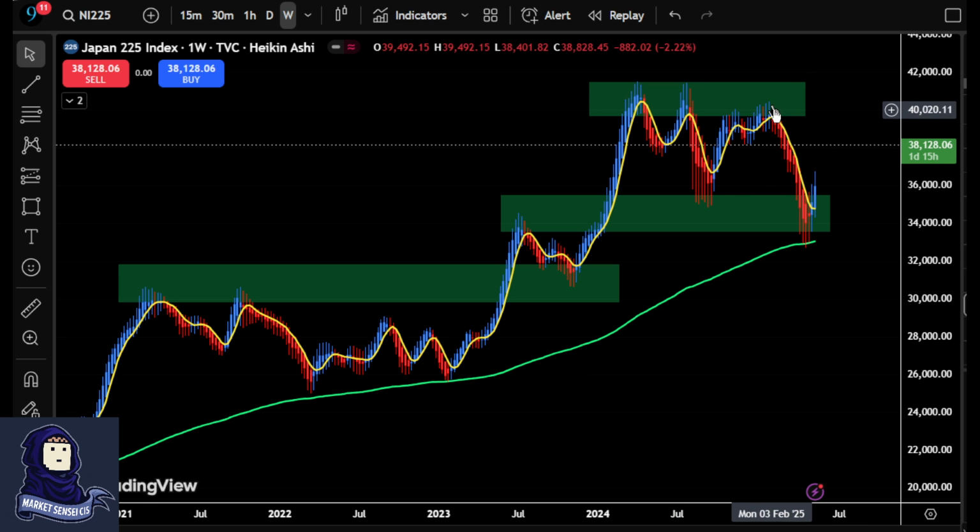Like what you see here, previously it tested this zone a few times, so this zone is a very strong resistance area. It goes down here and bounces back up here, but still fails to break out of this area, and it consolidates again in this area.